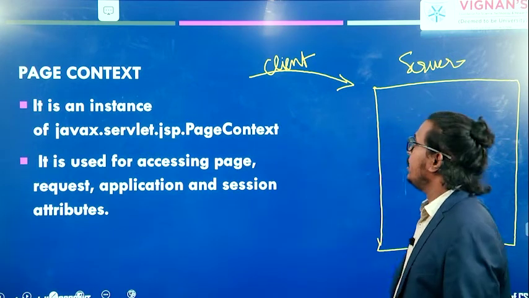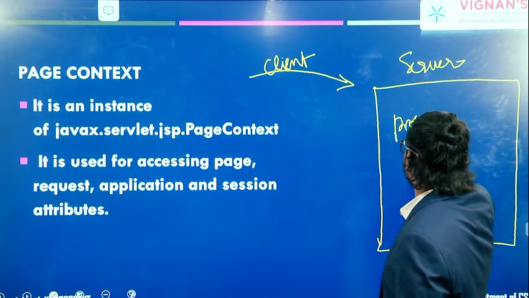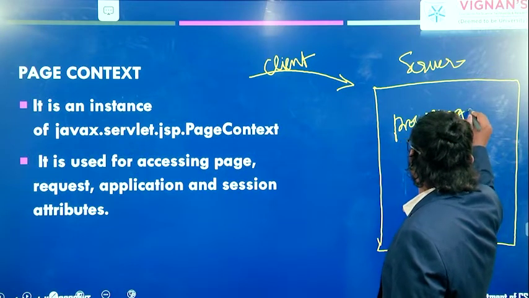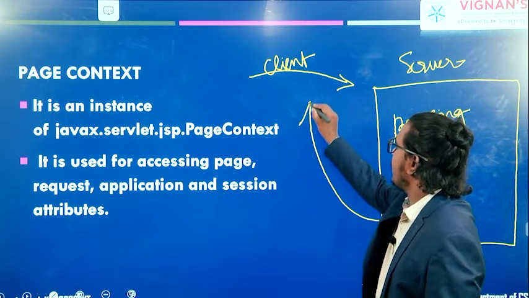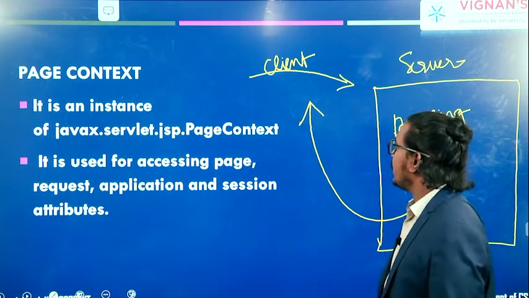What will happen here? The server machine will take that particular request and do the processing, and it will send some response back to the client machine.